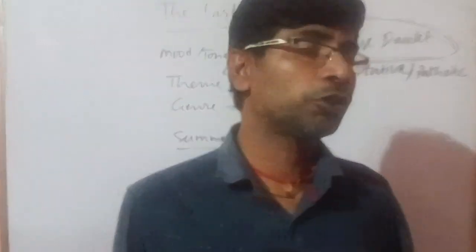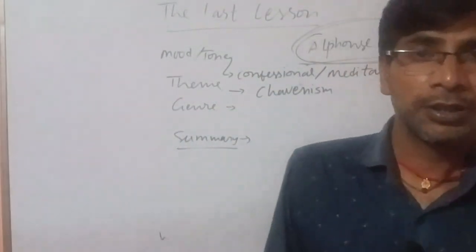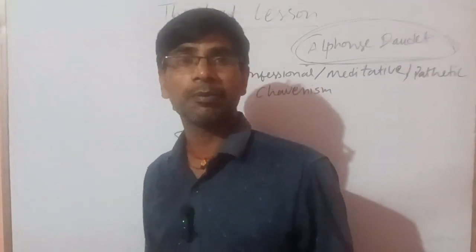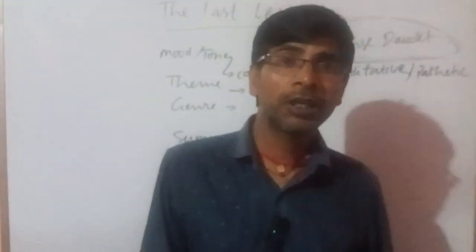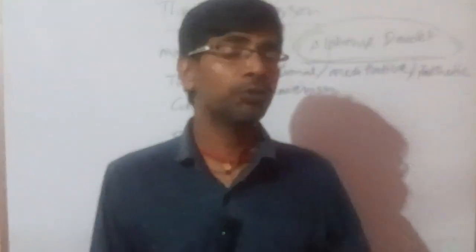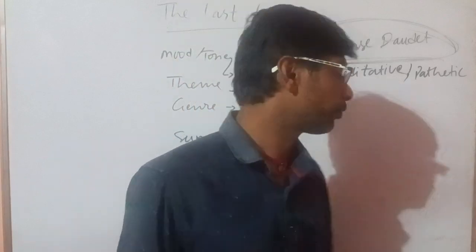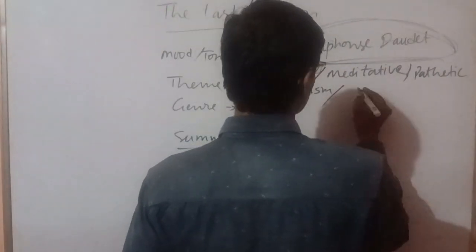This state is said to be chauvinism, jingoism. Okay. So since in this chapter, Germans are imposing their nationality, their culture, their language, we go through the state of chauvinism.